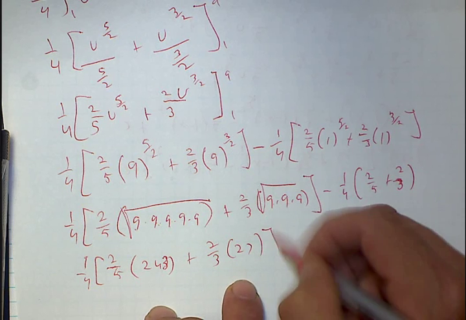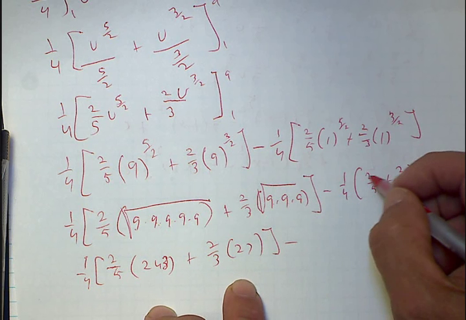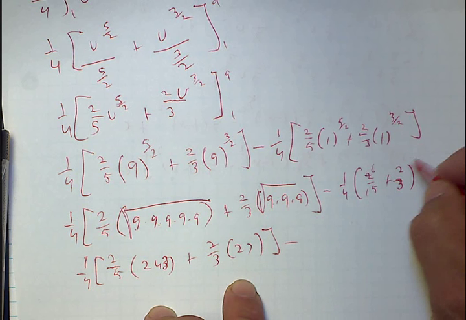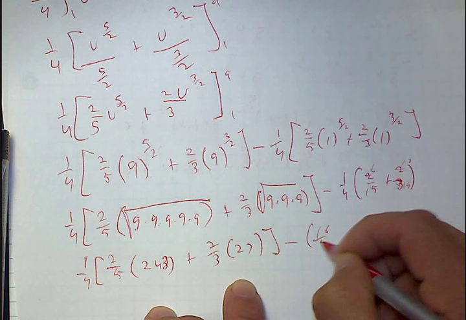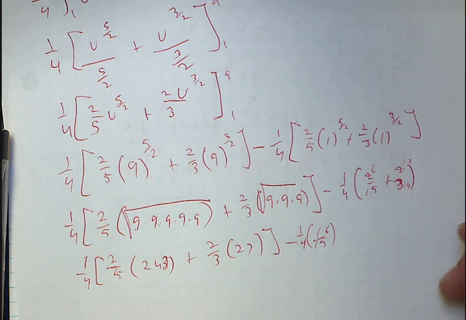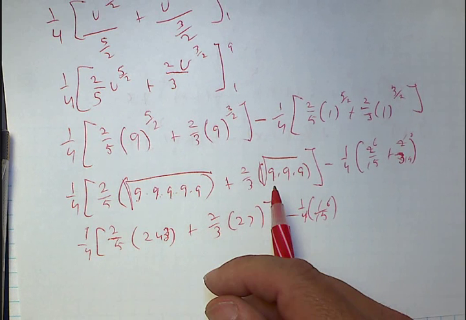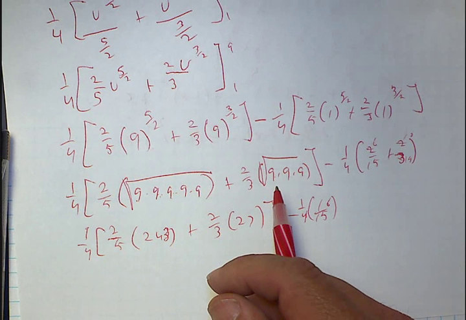All right, minus, common denominators will be 15, so that'll be 6/15 and 10/15. So that'll be 16/15 right there, times 1/4. All right, and then at this point, I think I probably need to calculate the rest of this because these are going to be big numbers.